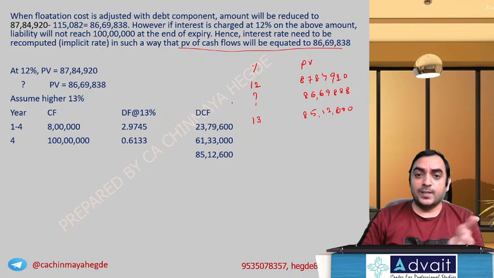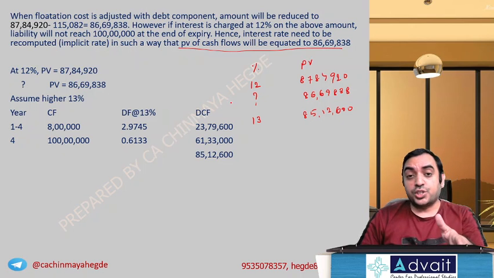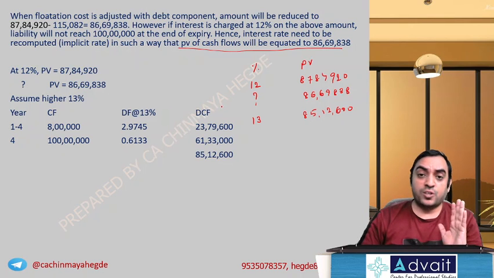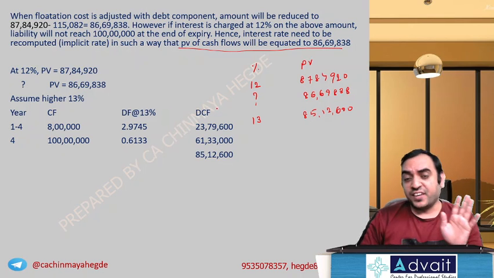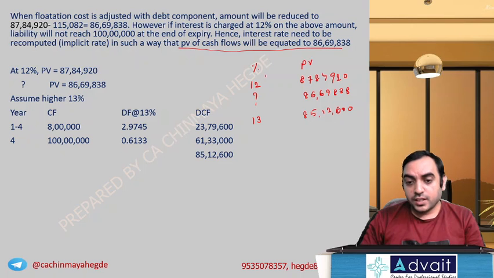Though we are calculating this in the case of a compound financial instrument, this discussion holds good for any debt instrument where there is a flotation cost, which will result in an effective rate of interest. So from 12 to 13% the difference is 1%.